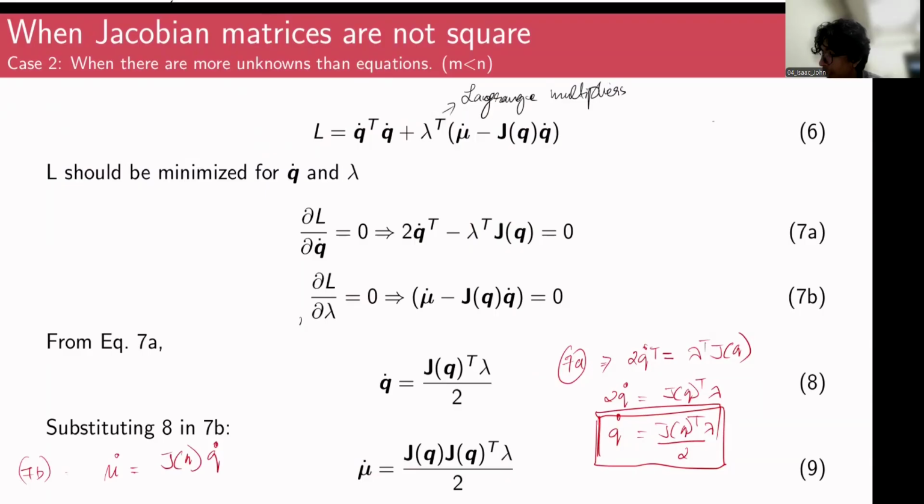So instead of q dot, I'll substitute j of q transpose lambda by 2. Now what I'm going to do is substitute this equation back into equation 7a.